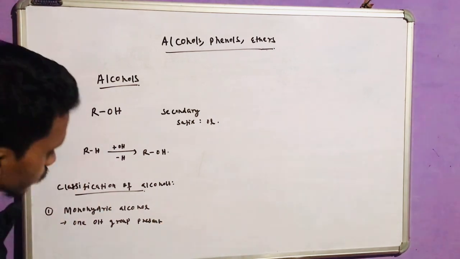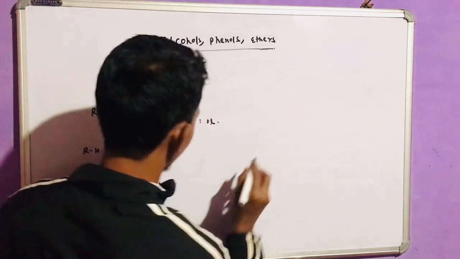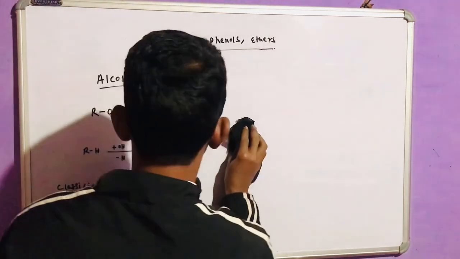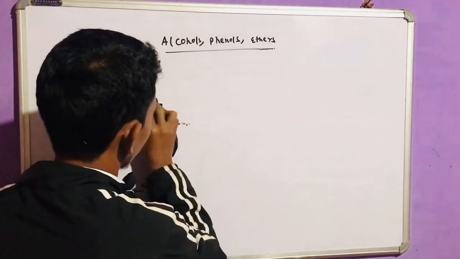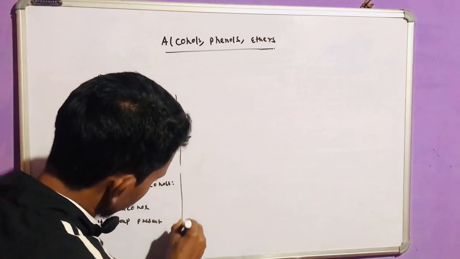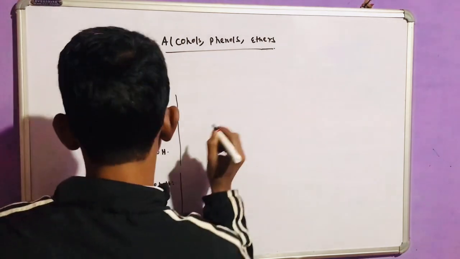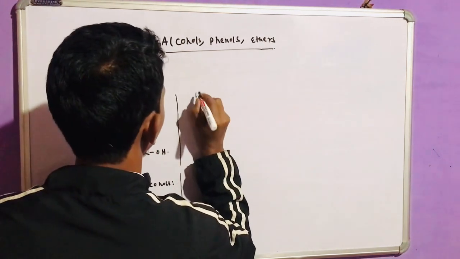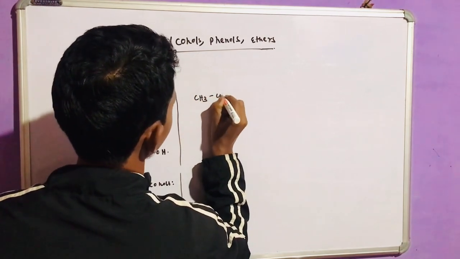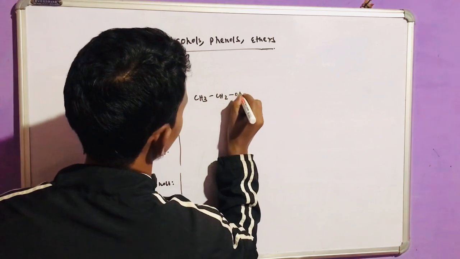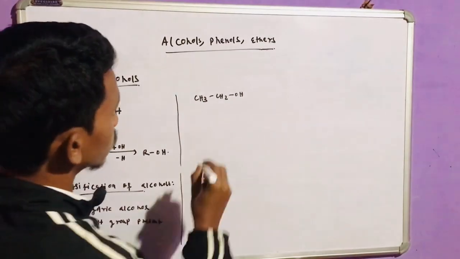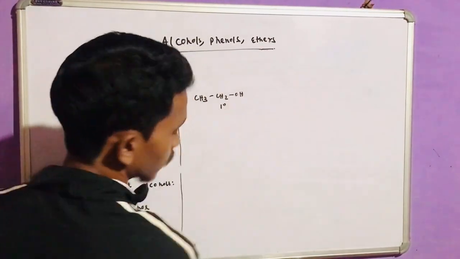So let's write CH3CH2OH. One OH group is present, so this is a 1 degree alcohol.